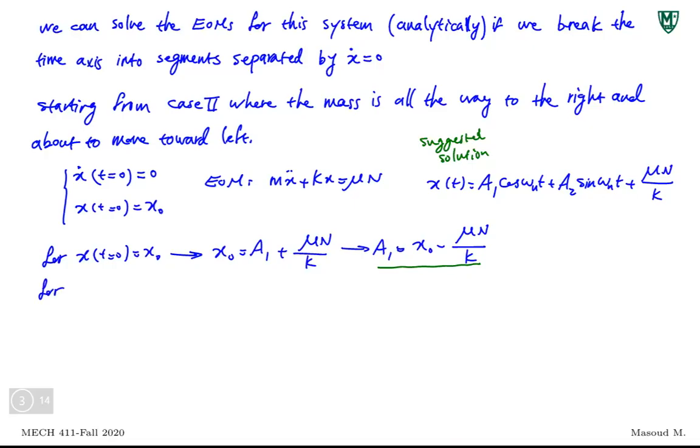For the second one, x dot at t equals 0 is 0. If I take the derivative, the first term, a1 cosine omega n t, becomes minus a1 omega n sine omega n t, and at t equals 0 it becomes 0. The second term, a2 sine omega n t, if I take the derivative, becomes a2 omega n cosine omega n t. Cosine omega n t at t equals 0 is 1, so I'll get a2 omega n.